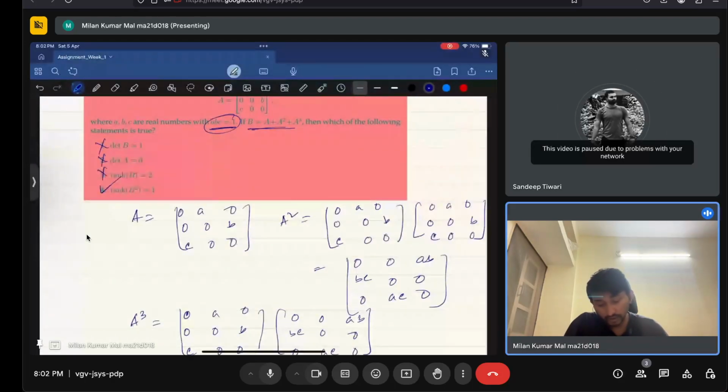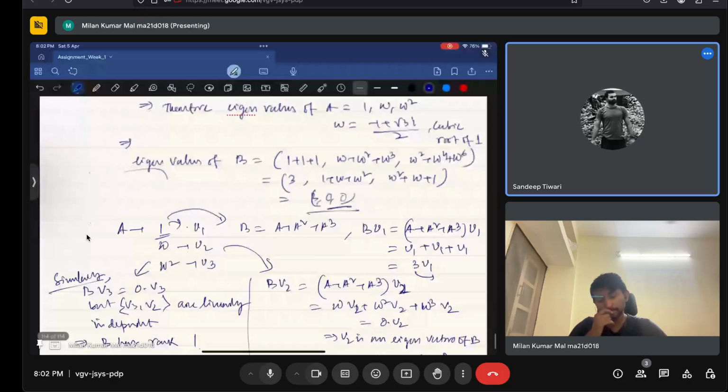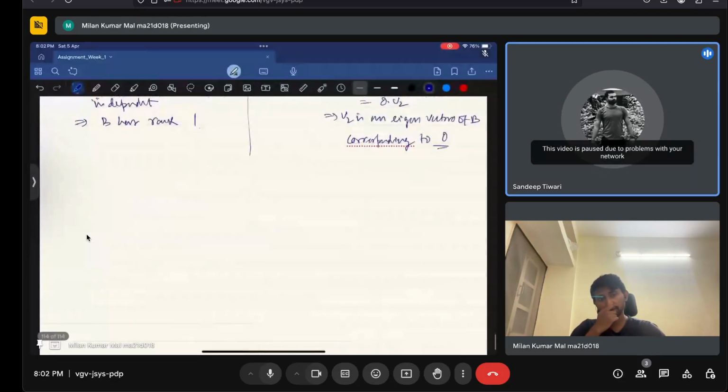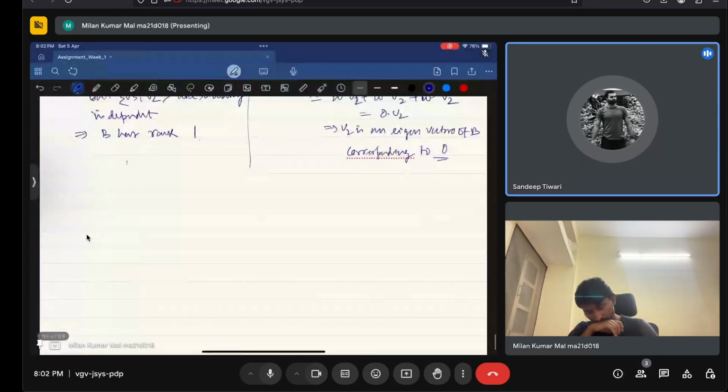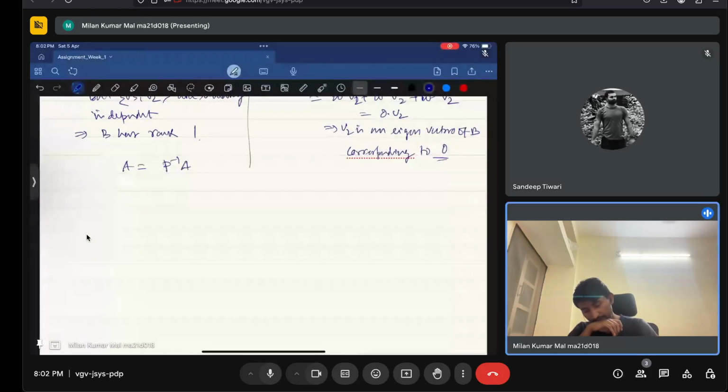If A is diagonalizable, then P of A is also diagonalizable. This is always true. Suppose I have A equals P inverse D P. Let's make it A square.